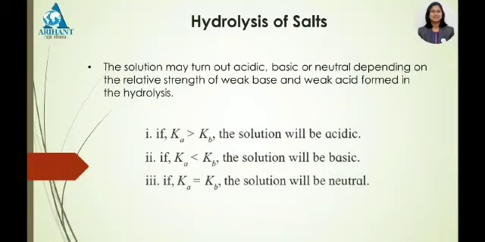So if Ka is greater than Kb, where small a is for acid and small b is for base, the solution will be acidic. If Kb is greater than Ka, the solution will be basic, and if Ka is equal to Kb, the solution will be neutral.